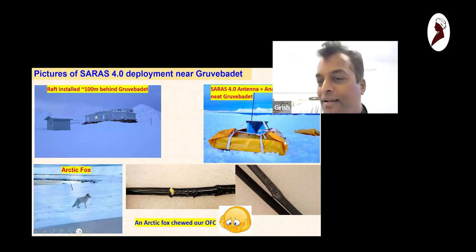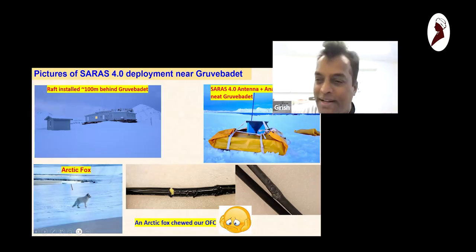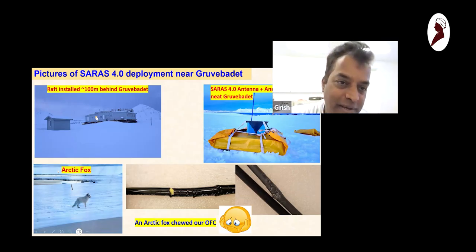As in the SARAS low band experiment, RF is transported to the place where the digital and analog backends are kept in this room via RF over fiber. Then our friend here, this Arctic fox, got interested in what experiment we are doing.